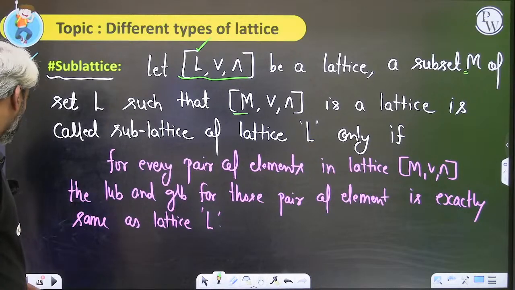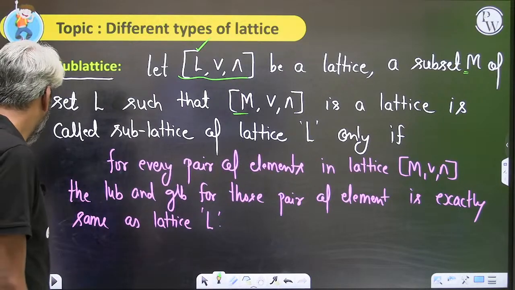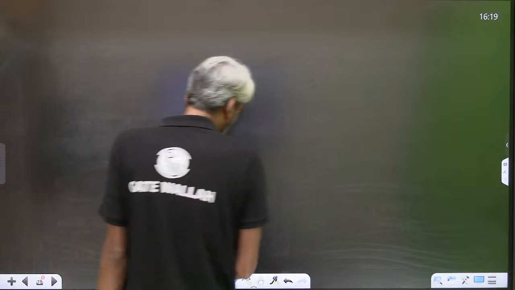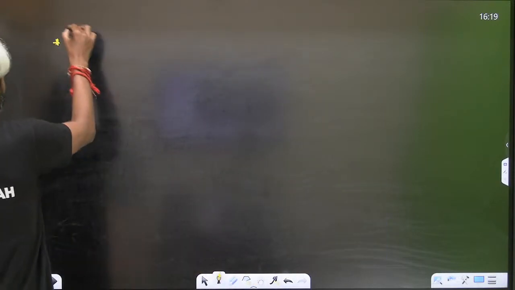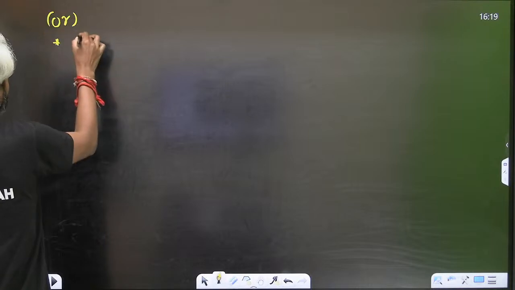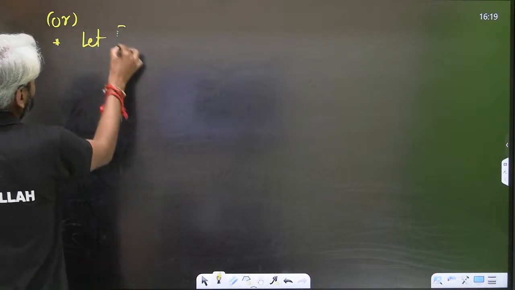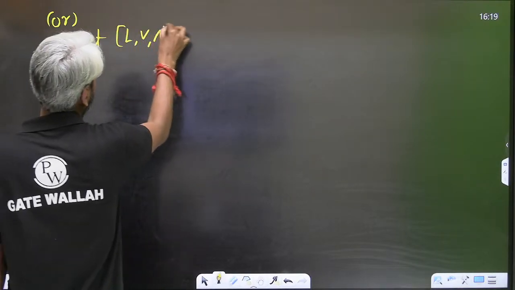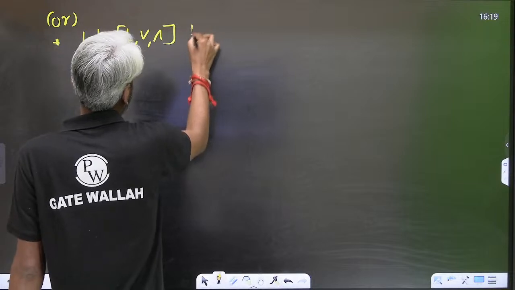I would rather define this in a different way so that it is more understandable. So let's try to understand. Let L, with respect to the least upper bound and greatest lower bound, be a lattice.